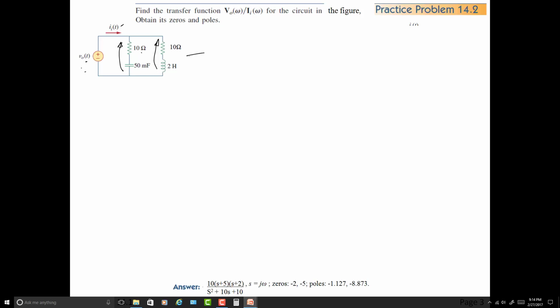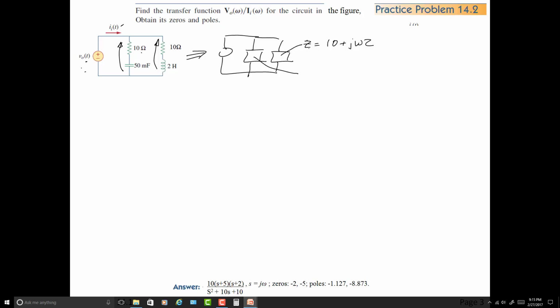So we could remake this as our source, an impedance here, and another impedance here, right? And we can easily say with omega, this Z is 10 plus J omega 2, all right?